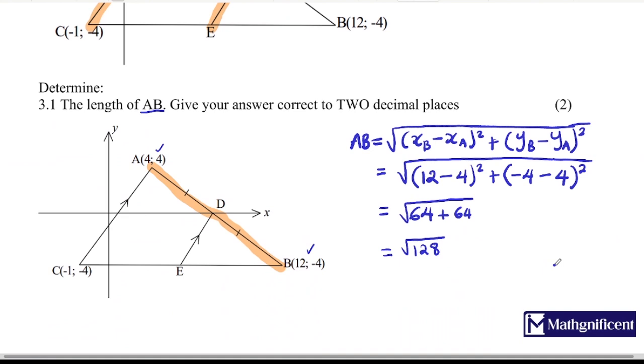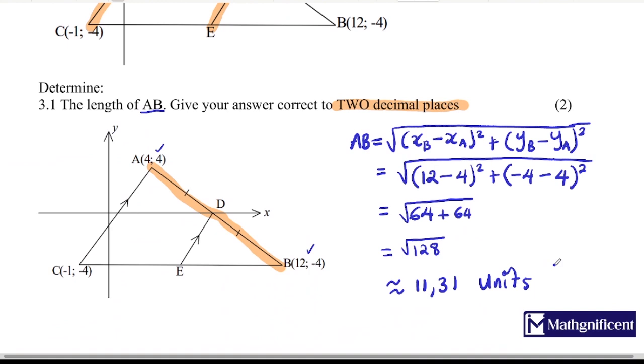Remember, it was said that we should write our answer correct to 2 decimal places, right? So now we have to put this in our calculator, and we are going to get that it is approximately 11,31 units, right?